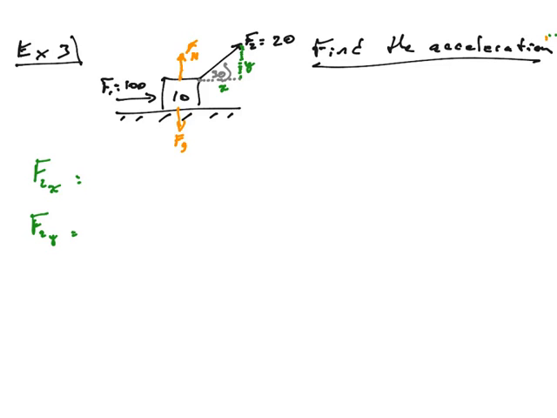So the F2 x component is 20, the actual force, times cosine of 30, which is 17.3. The y piece, the y side is the side opposite to the angle, so it's going to be 20 sine 30, which is 10.